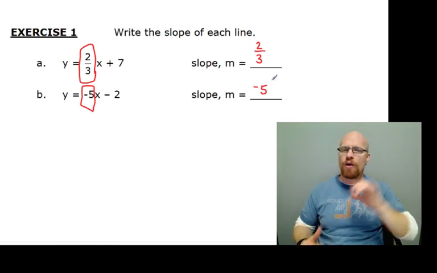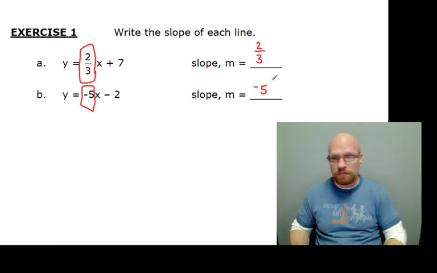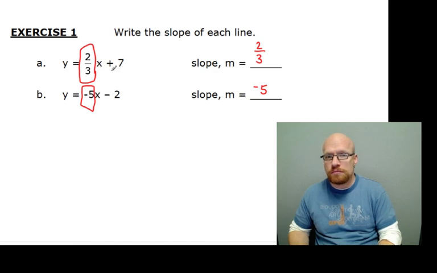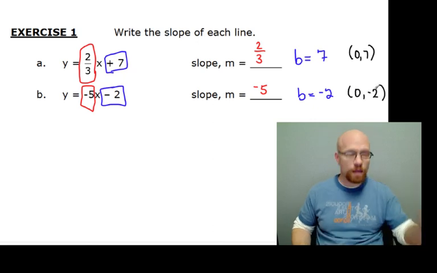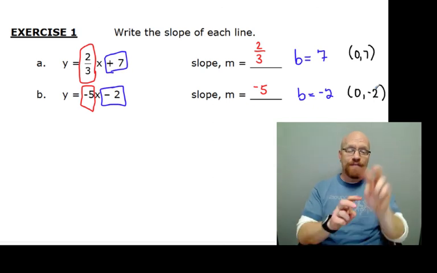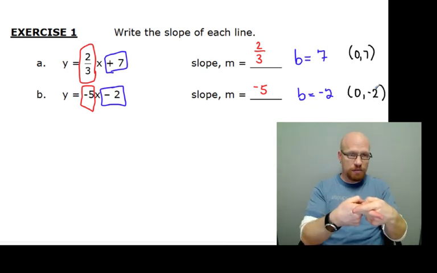Alright. Now for our b, I'll use blue. Blue shows the y value of the y-intercept.